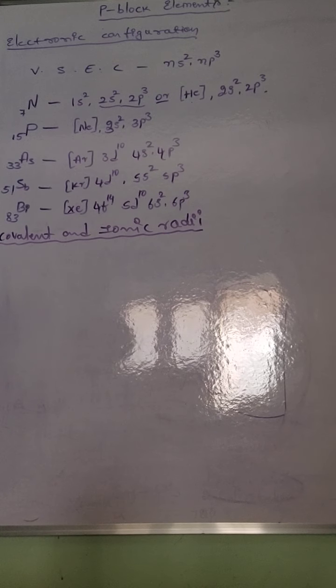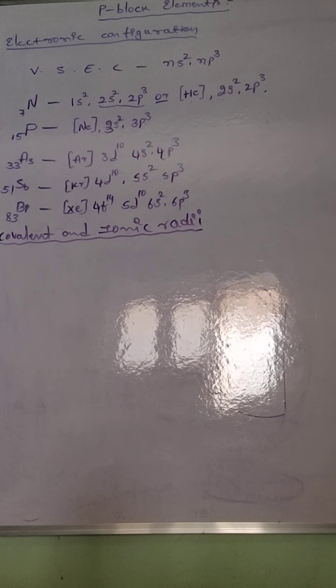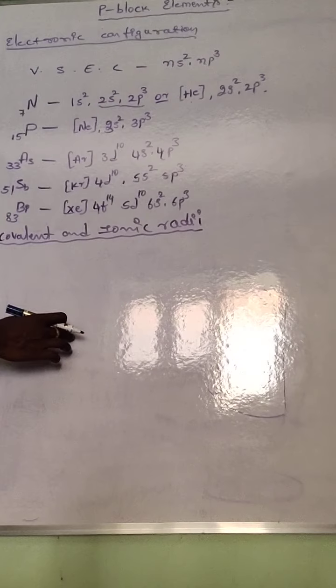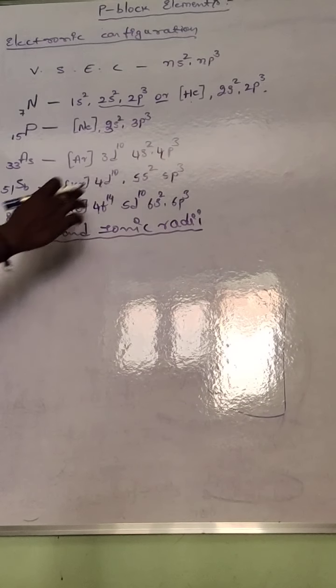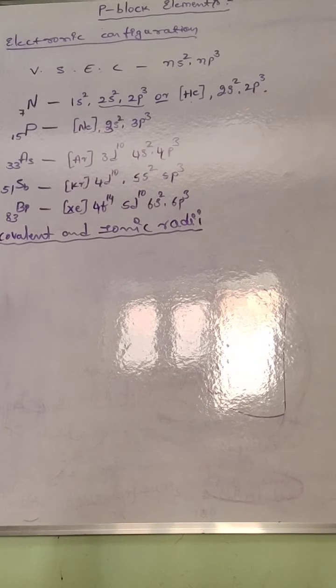How to define covalent and ionic radii? Already we know the concept of ionic radii and covalent radii. But now in this case, what is the effect on the covalent and ionic radii as we go down the group? The covalent and ionic radii increase.